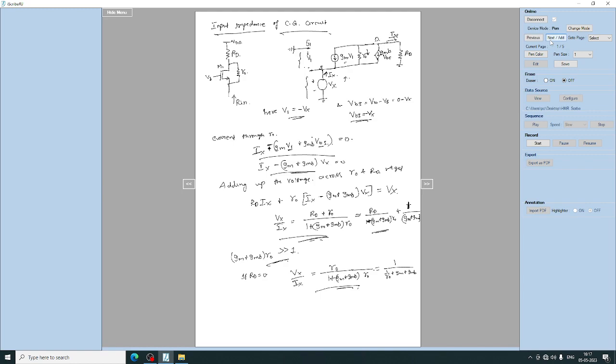This is simply the impedance seen at the source of the source follower, which is a predictable result when RD is equal to 0. Fine, so this is about the input impedance.